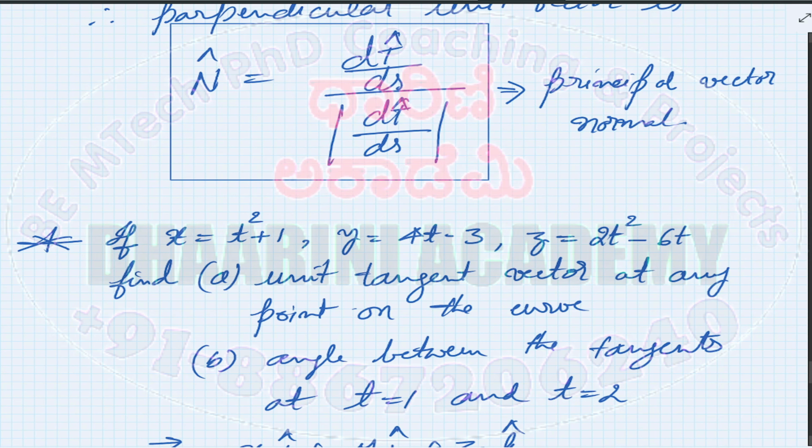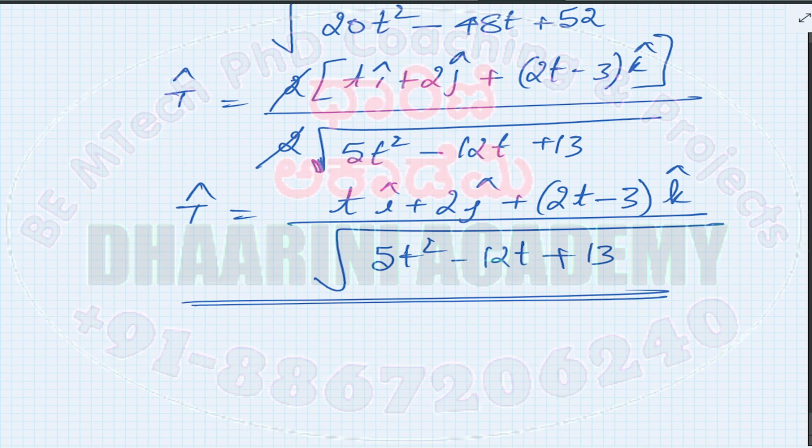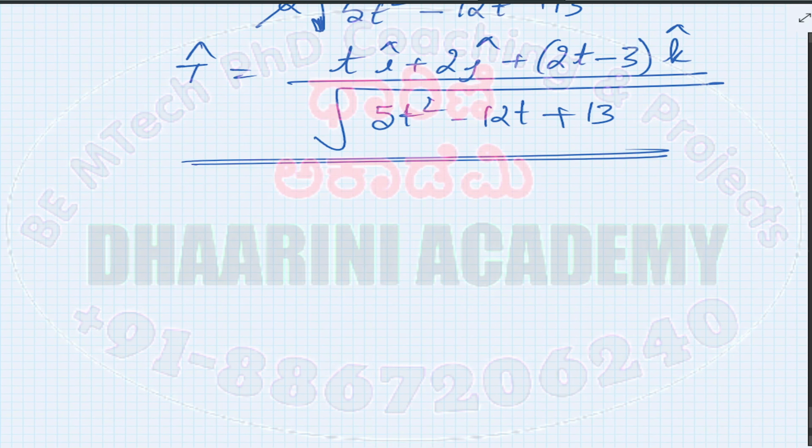So the second question, you see, angle between the tangents at t equal to 1 and t equal to 2 seconds. So how do you do that? Now find out the t cap at different intervals of time. So let's try to write that. At say t equal to 1, find out what happens to the t cap. I'll call this t1 cap, that is equal to, every t is 1.